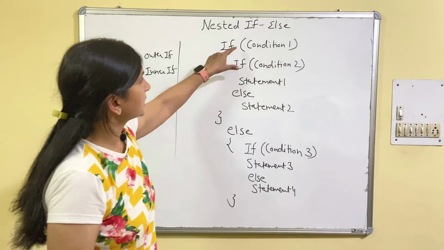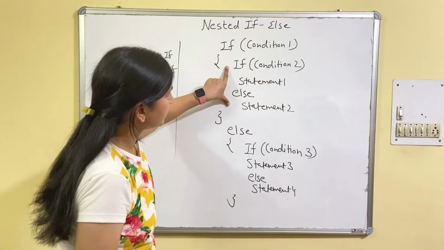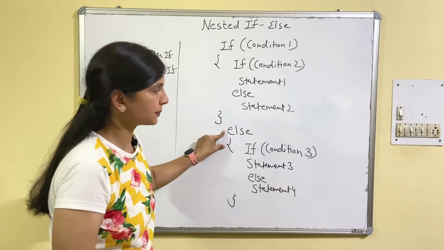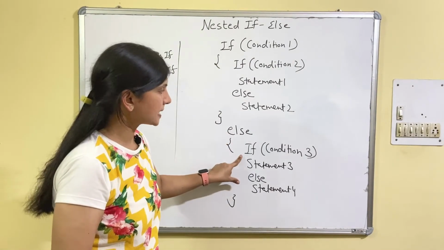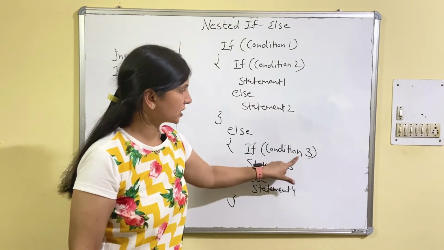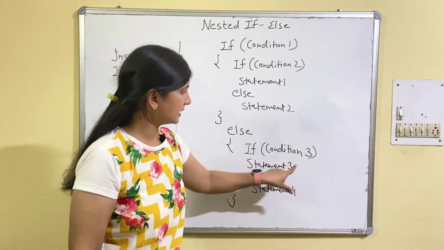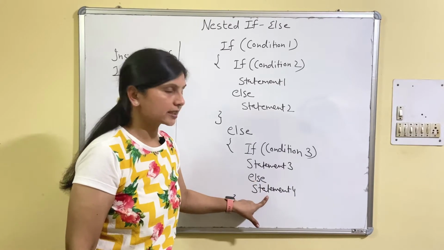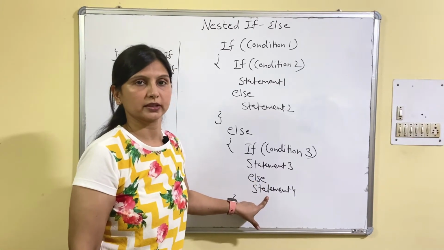So if condition 1 is true, then this part will be executed. If condition 1 is false, then directly it will come to the else part, and in the else part, it will check if condition 3 is true, then statement 3 will be executed. Otherwise, statement 4 will be executed.